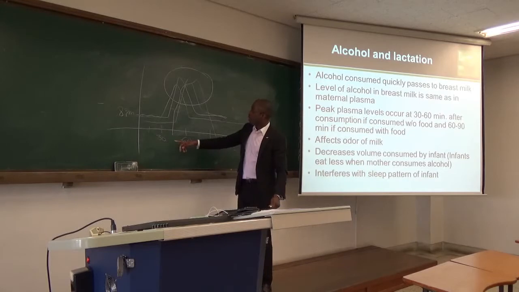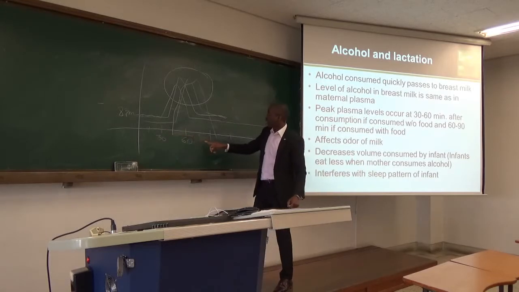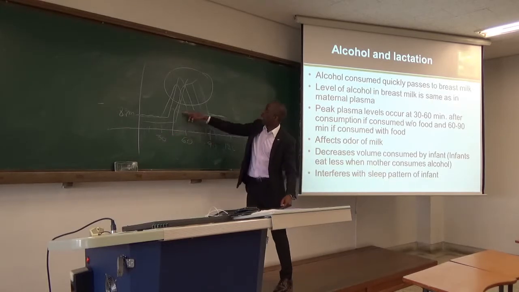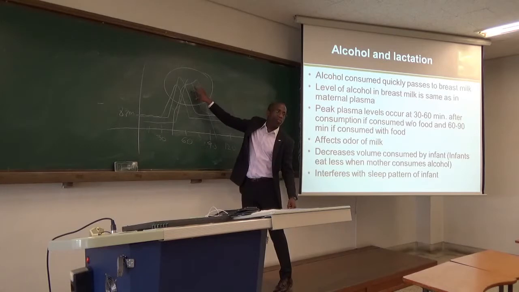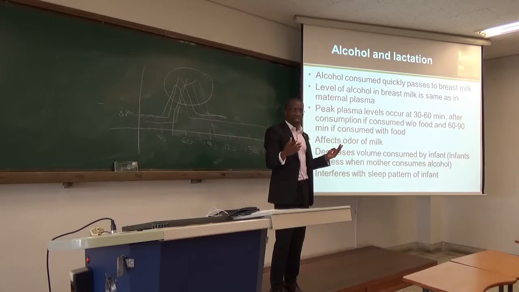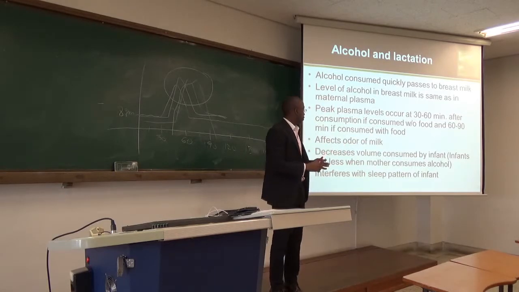So between 30 minutes and even 60 minutes, even 30 to 90 minutes, we have all this concentration of alcohol in the body that is not outside of the body. Because the peak keeps on going, and then you start feeling a little bit dizzy. This is how we become drunk, right?